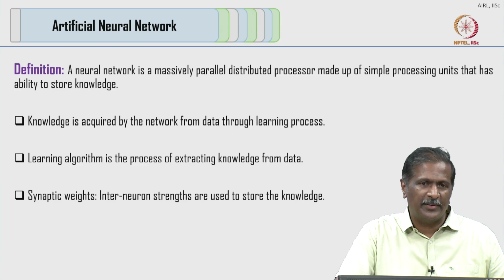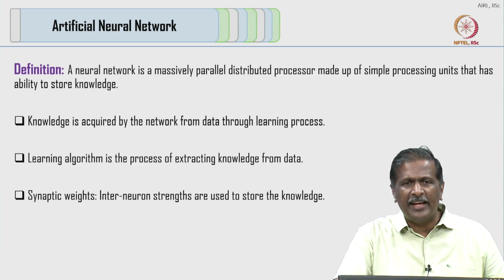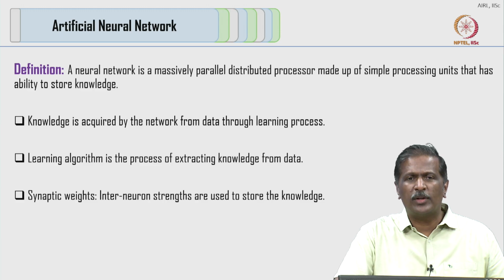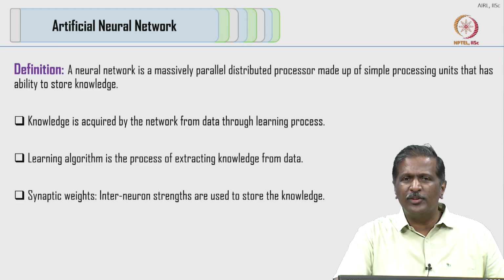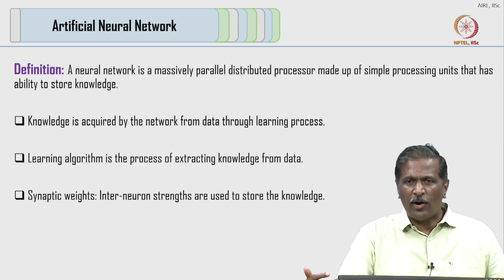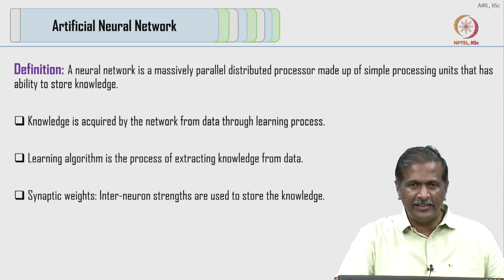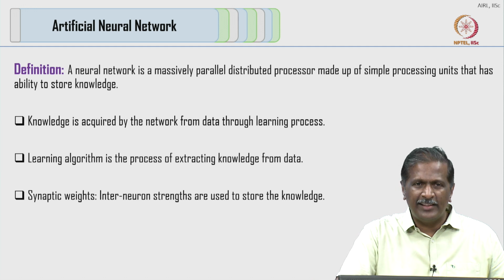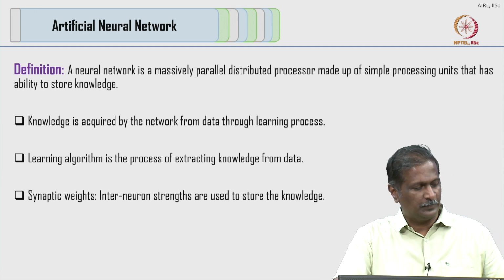A synaptic weight is a weight between two neurons, the inter-neuron strength used to store the knowledge. So automatically the network extracts the knowledge and stores it in the synaptic weights.